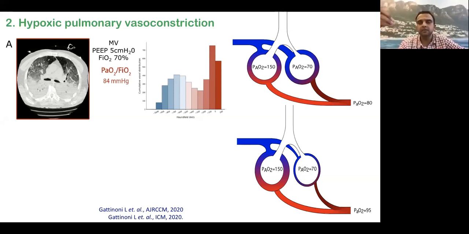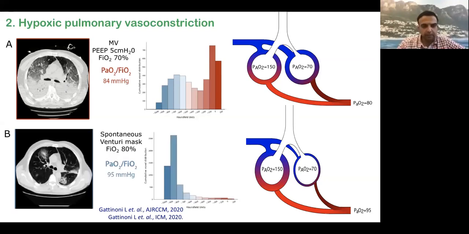Structures that are aerated are classified as blue, and the more consolidated are classified as red. Here you can see the bulk of it is not blue, it's red, and you can see it on the scan as well. So in this kind of setting, the alveoli are basically filled up.